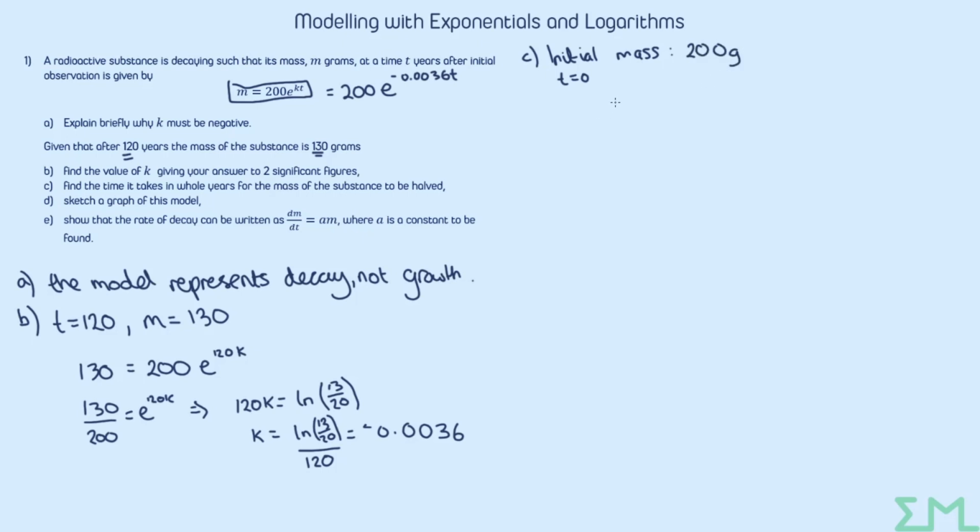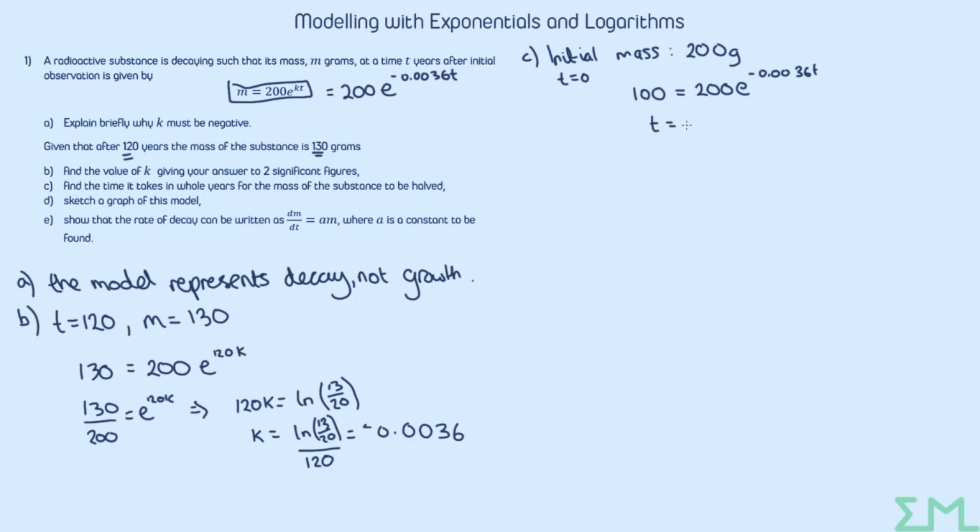Okay, so if we're looking at how long it takes for the mass of the substance to be halved, then we are looking for when it is 100 grams. So we're going to put in 100 for m equals 200 e to the minus 0.0036 t. We are again solving for t. So let's see if we can do this all in one go. We are going to do 100 divided by 200, which is 1/2.